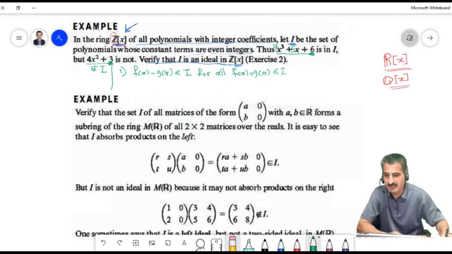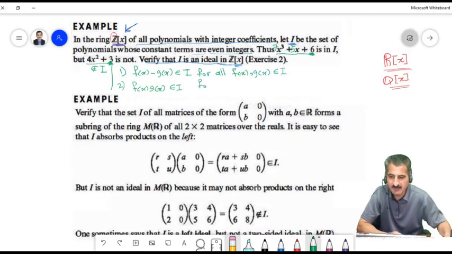The second axiom of a subring is that their multiplication also belongs to I for all, again, f of x, g of x in I. Okay?